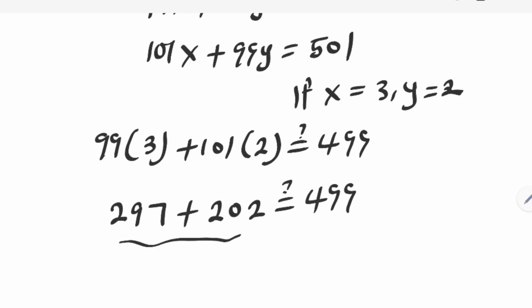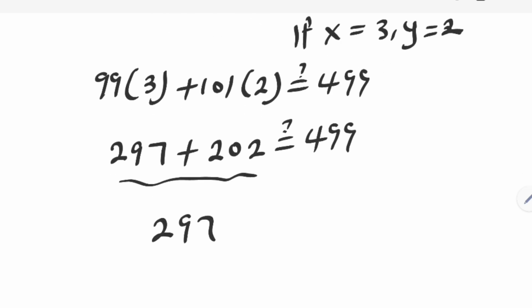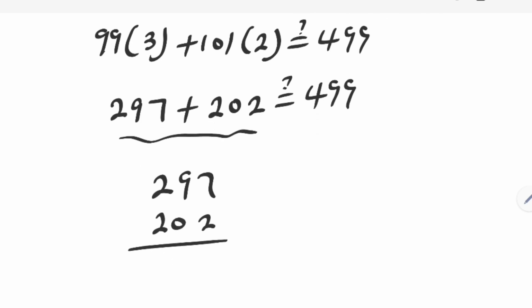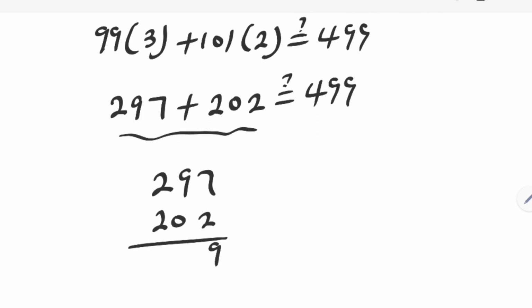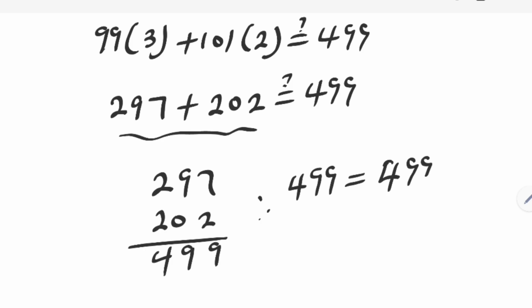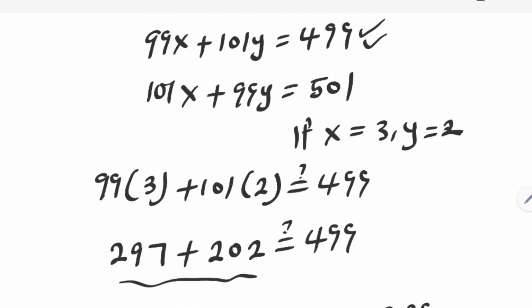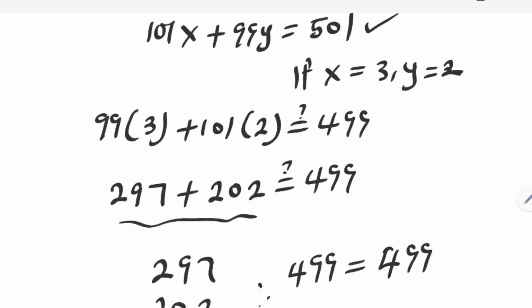Let's consider this. We have 297 plus 202. 2 plus 7, this is 9. Then 0 plus 9, this is 9. 2 plus 2, that is 4. Therefore, the left-hand side, 499, is equal to the right-hand side, 499. You may also check using this second equation.